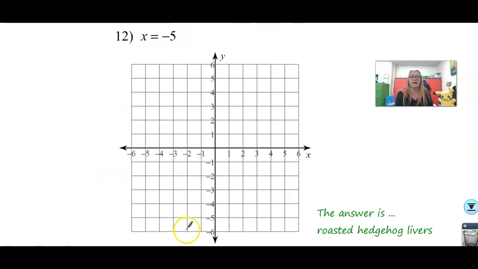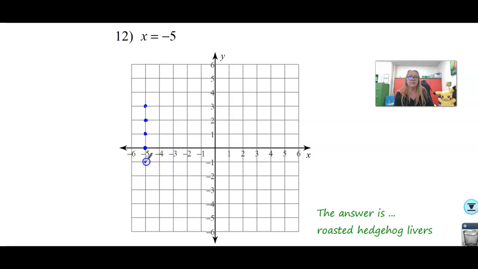So what do you think you're going to have when you have x equals a negative number? Exactly. You're going to have a vertical line. You go along the x-axis and you find where -5 is, and you put a dot. Where else would x be -5? Well, wouldn't this be the point -5, 1? And wouldn't this be -5, 2? And -5, 3?